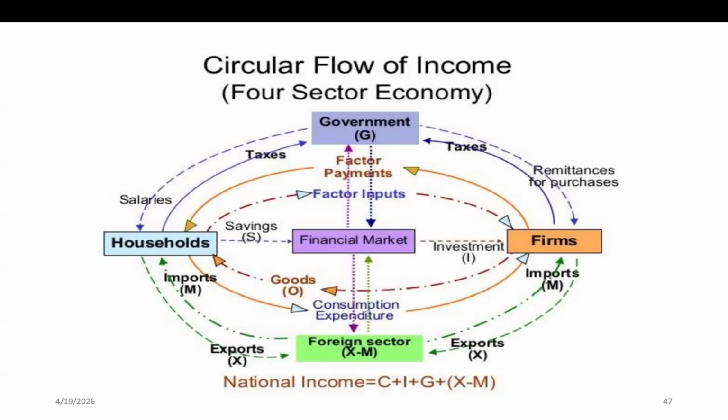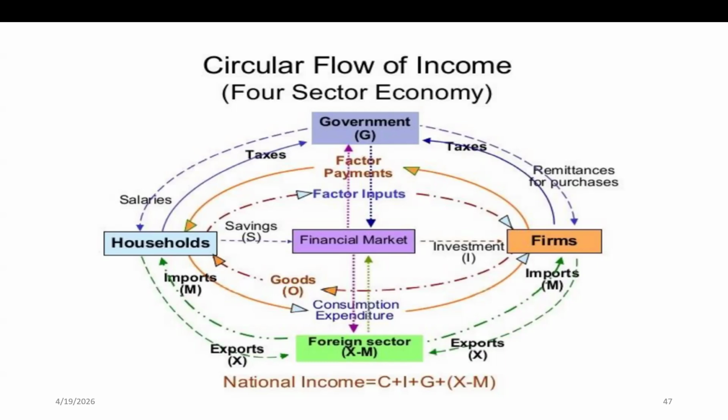Like the government, the firms are getting certain things from the foreign sector, so those are the imports, and the firms are sending certain things to the foreign sector, those are exports. So all those things are real flows.